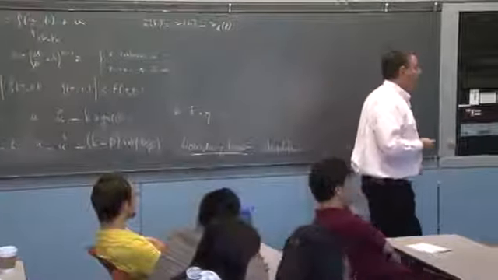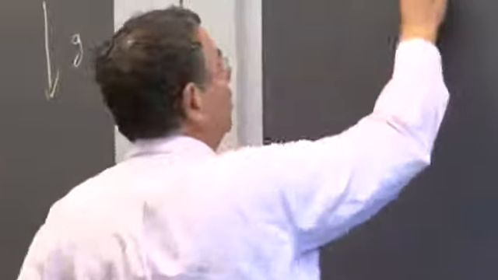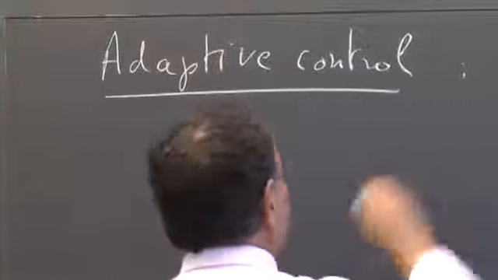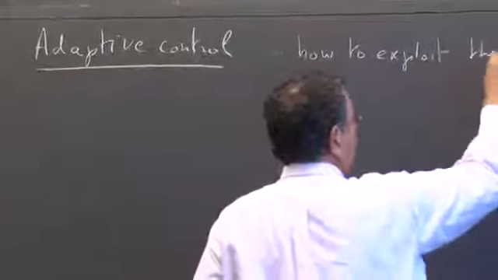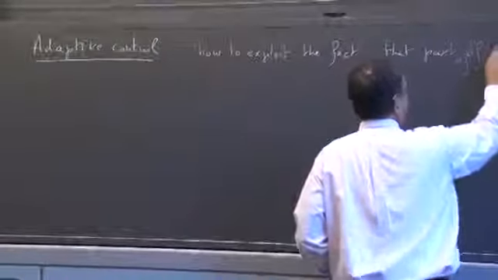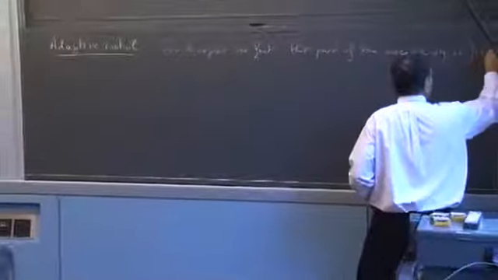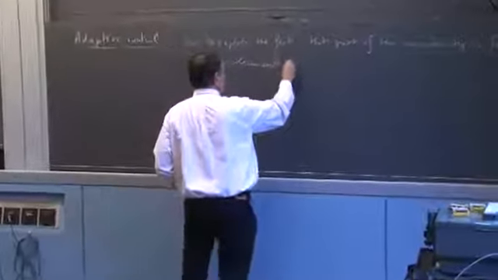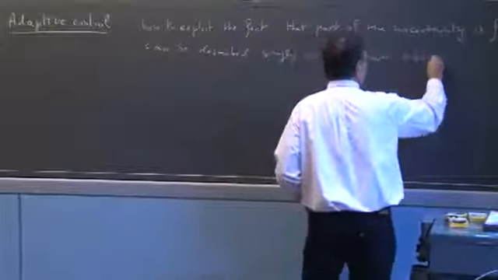So the question we're going to ask, which is the so-called adaptive control question, is how to exploit the fact, or the possible fact, that part of the uncertainty in the dynamics f of x, t can be described simply as unknown constants.